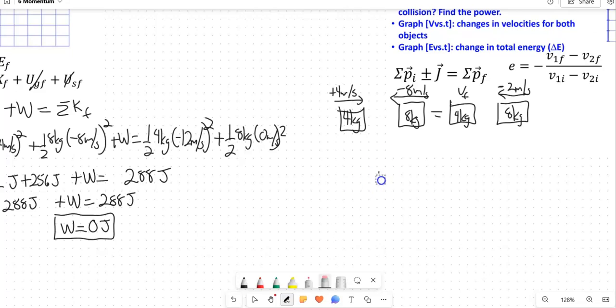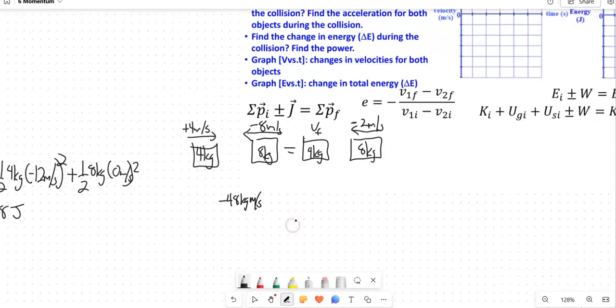So we know this is negative 48 kilogram meters per second. Now, this is going to be 4 kilograms V final, which is what we're going to solve for first, and minus 16 kilogram meters per second.